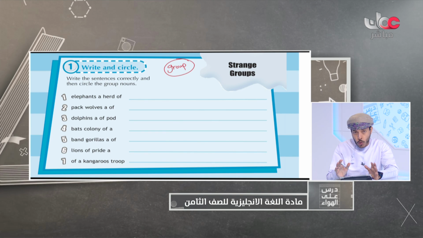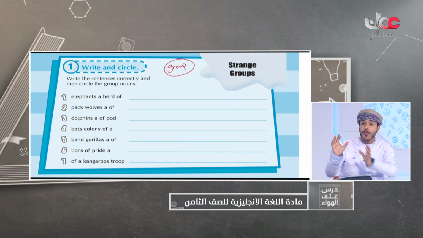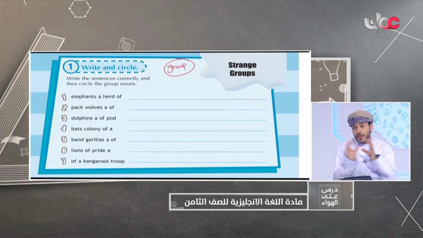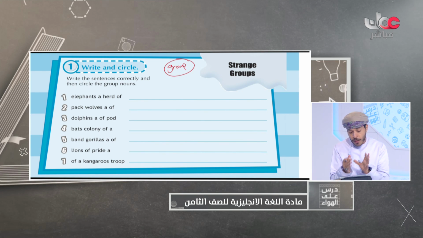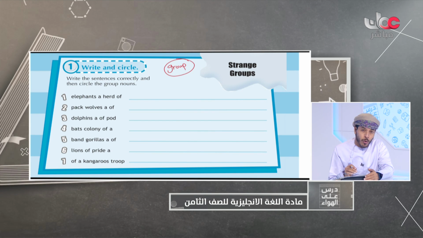And we know what a group means. So when we have groups of animals, these groups have different names. But these names are not put in a correct order. We have to rewrite them in a correct order. For example, look at number 1.